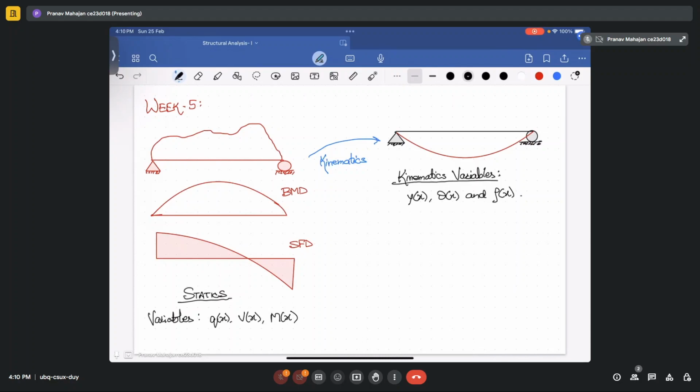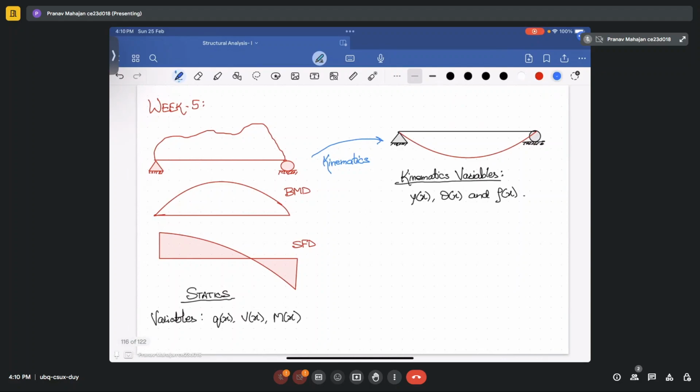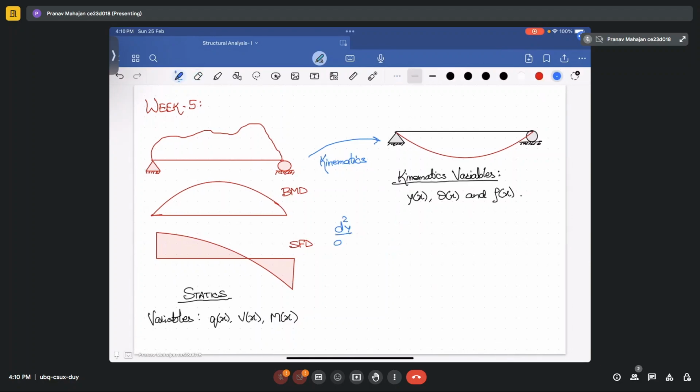In the previous week we have seen that M is equal to EI d2y by dx square, or I can write in a different way, that d2y by dx square is equal to minus M upon EI, then d3y upon dx cube is equal to minus V upon EI, and d4y upon dx4 is equal to q upon EI.